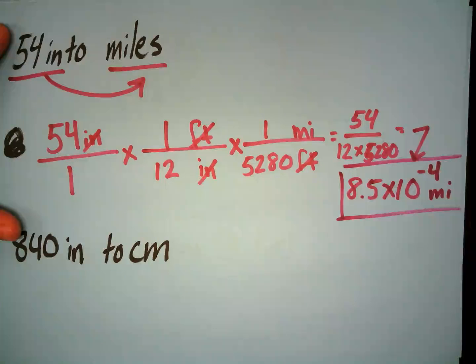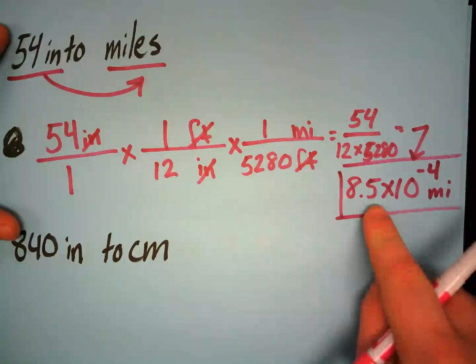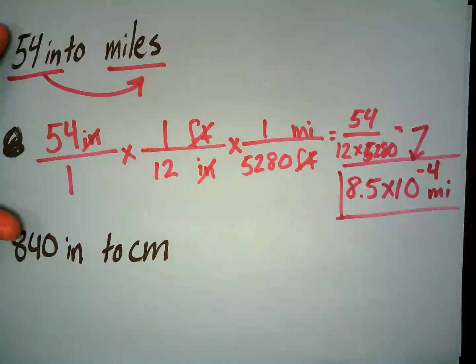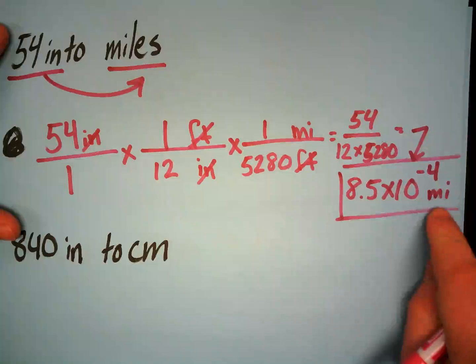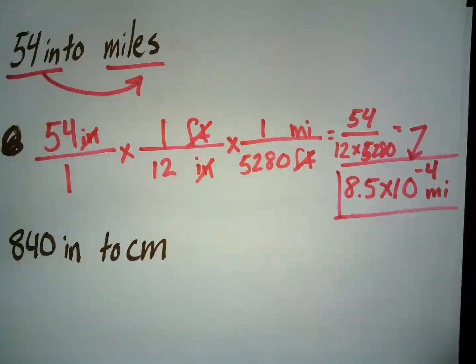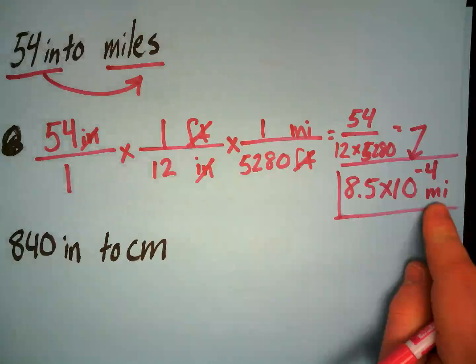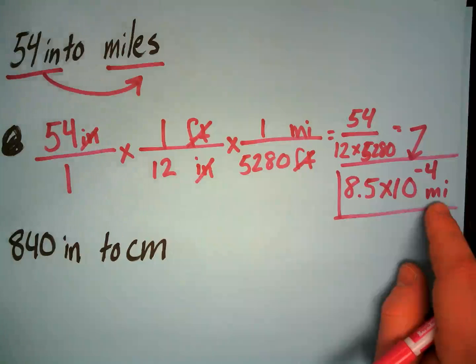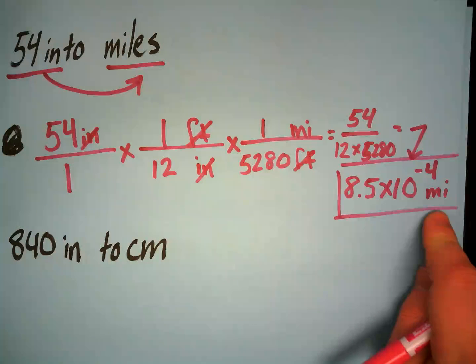Nice. Okay, and we have our answer. So we kept sig figs, we've got proper scientific notation from our calculations in the calculator, and we carried our units. Something I mentioned a bit in the notes: make sure every single time that you've got your correct value and your units.